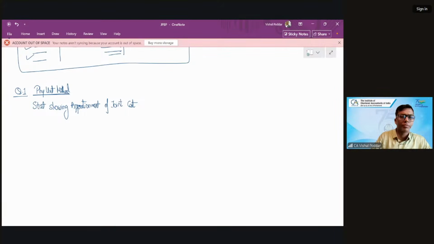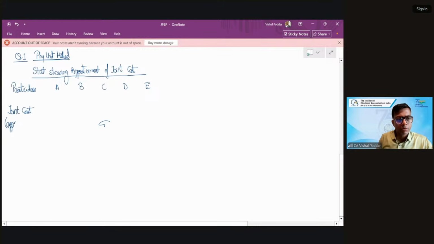Now the format is very simple and straightforward. Particulars: A, B, C, D, E. Apportioned in ratio of units of product.